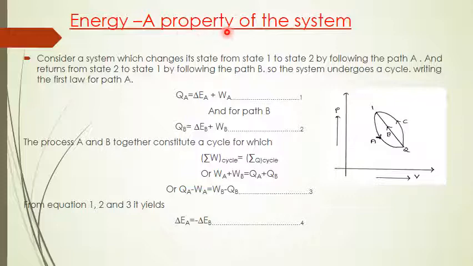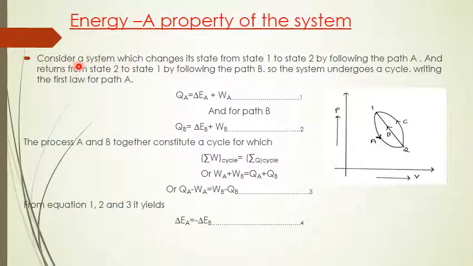If the value of the given physical quantity depends on the end states, then it is called a property. If it depends on the path followed by the system, then it is not a property. So energy should depend on the end states 1 and 2, not on the path followed by the system.